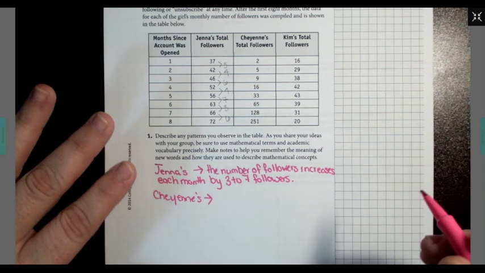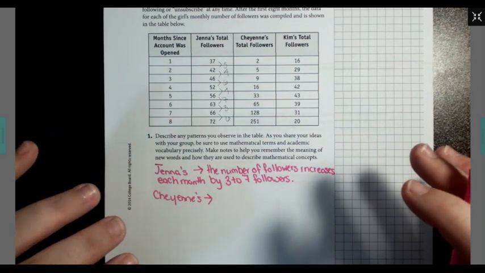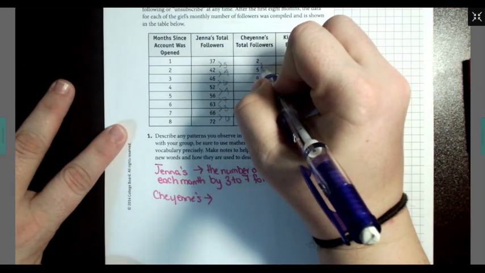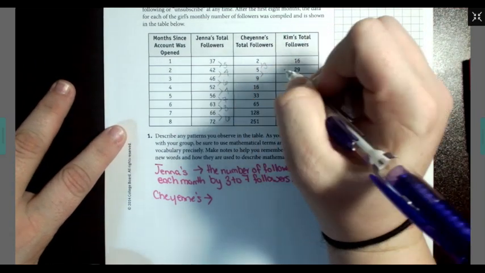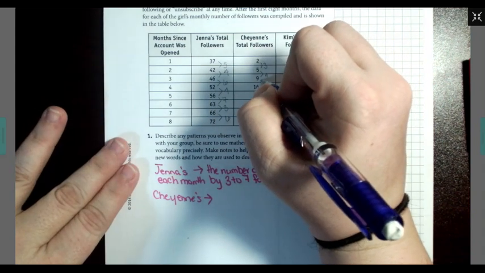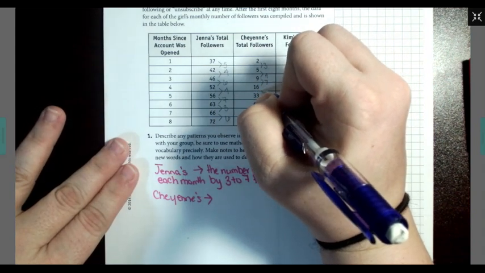So her number of followers increase, but nowhere close to the same amount each time. Here we go up by 3. This number goes up by 4. Now we've gone up by 7.